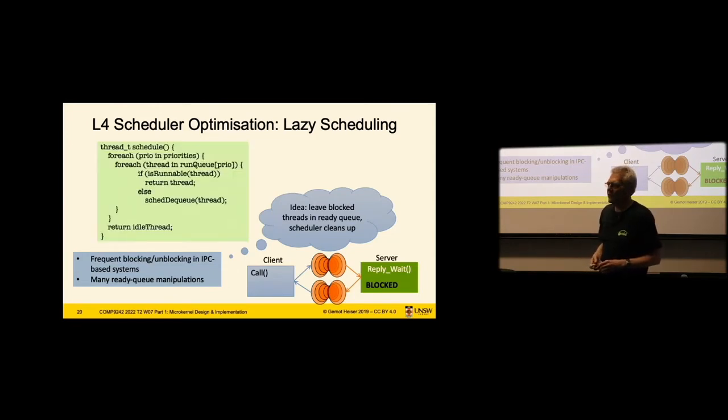And so the cleanup happens when the scheduler runs. So when the scheduler runs, it goes through the scheduling queue by priority, and at each priority, if there's anything queued, it checks whether these threads are actually runnable, and if not, then okay, they're in the wrong queue, and we need to take them out of the run queue, and keep on going. That's all fine. What could possibly go wrong?